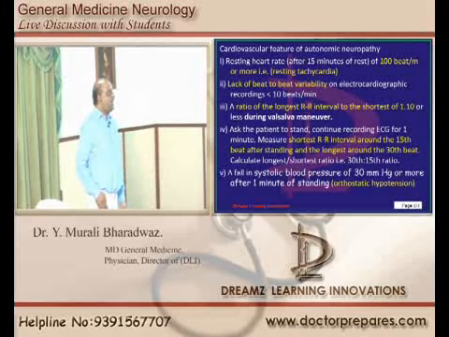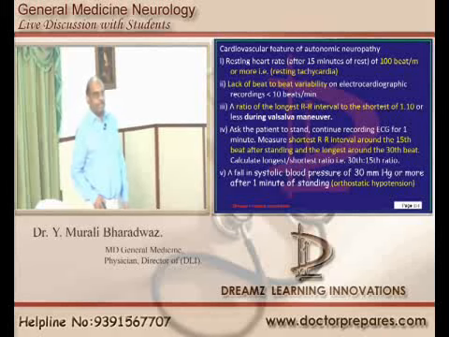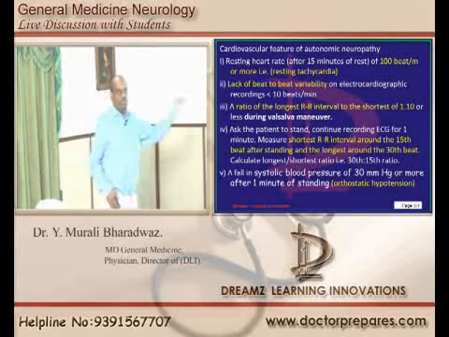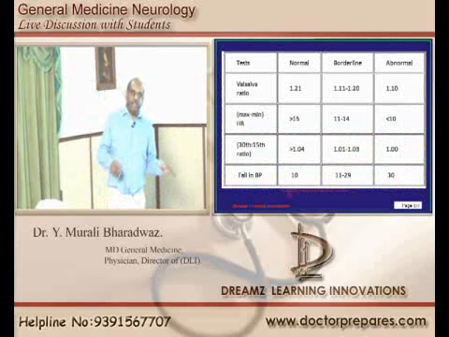Measure the shortest RR interval around the 15th beat after standing, and the longest interval around the 30th beat, and take the ratio between the two, the 30 to 15 beat ratio. That is also a criterion: if it is more than 1, it is normal; if it is less than 1, it is abnormal. So I leave the ECG criteria to you, along with resting tachycardia.